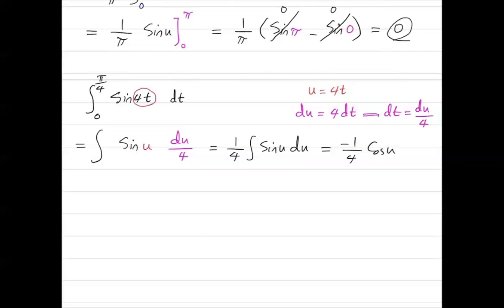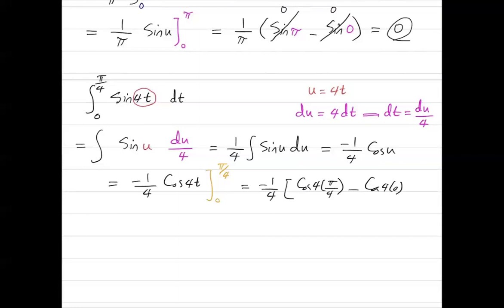And again, if you want to keep it in t, you need to substitute back into the final answer, -1/4 cosine of 4t, and the boundaries for t are 0 and pi over 4. So this in turn can be written as -1/4 times cosine of 4 times pi over 4 minus cosine of 4 times 0.